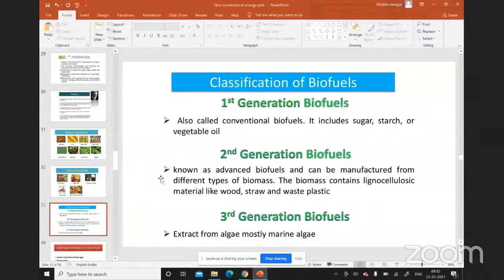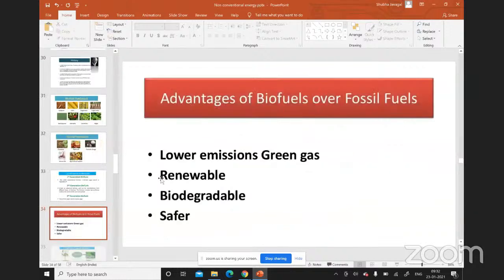These are taken from their places to the labs, and then they are grown there, and when they release this cellulosic material during their digestive processes, that is used for generation of power. So this is the basic classification of biofuels.